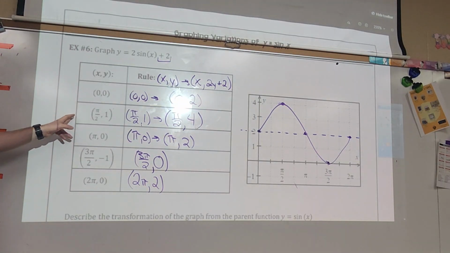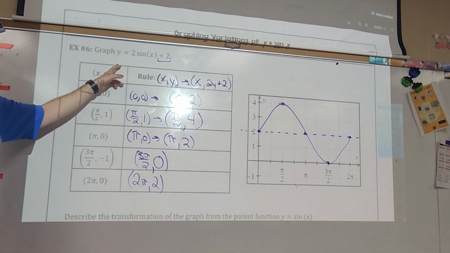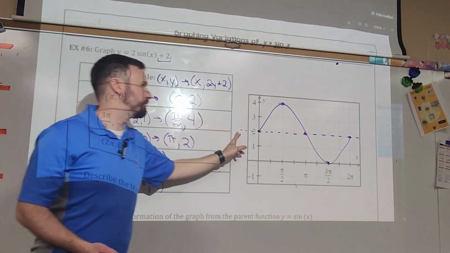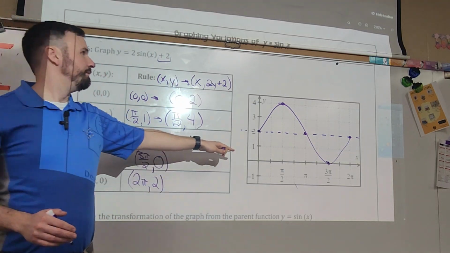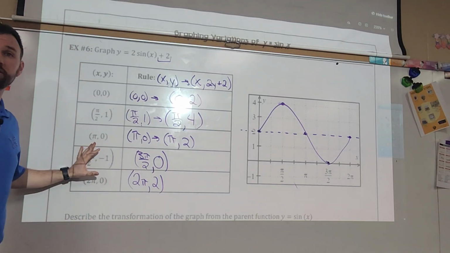It's just what happens to x, what happens to y. If you'd rather know that your amplitude's going to be 2, and I'm shifting it up 2, so I draw the midline and my new amplitude, go for it. That way's quicker. This way will work every single time with every function we do. We're going to graph 6 different functions. They all work this exact same way.